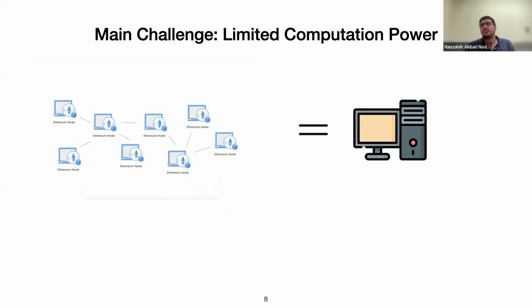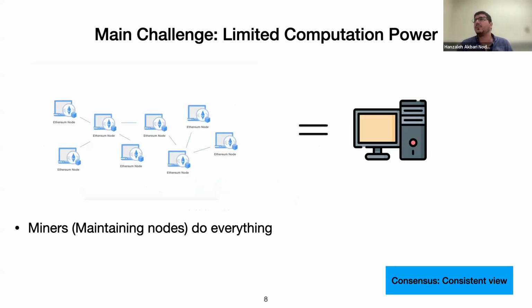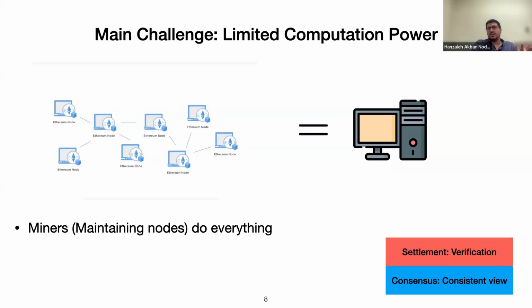limited computation power. And what it means is, miners in blockchain do everything. They do consensus. They participate in the consensus to maintain a consistent view among different nodes. They do settlement to verify everything.